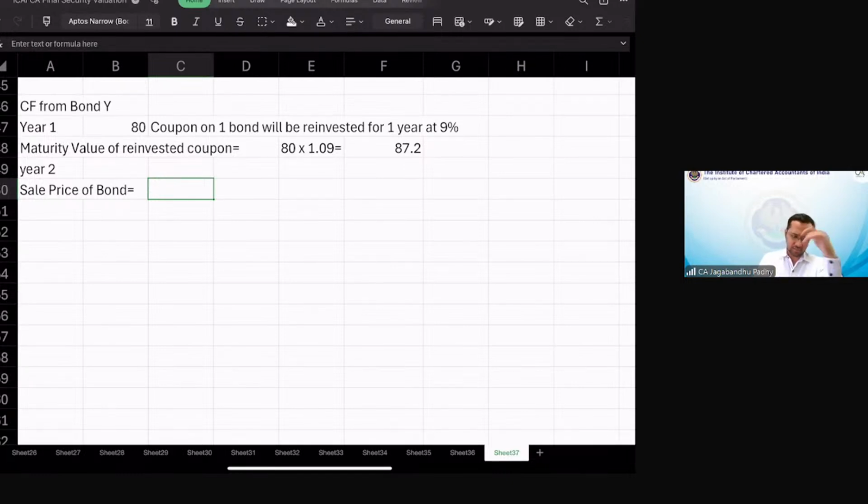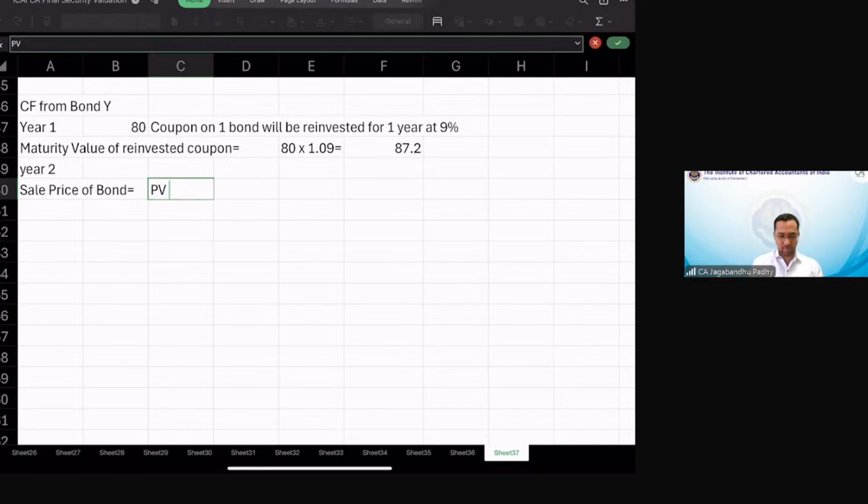No. Then can I say I'll have to sell it in the market? So what will be the price of the bond? The bond which had a tenure of 4 years, 2 years later, what will be the maturity period of this bond now? Can I say it has 2 years yet to maturity? So the sale price of the bond will be simply the present value of future cash flows.